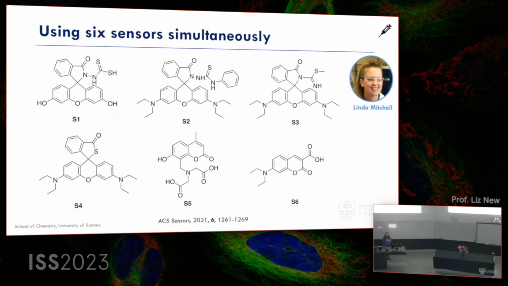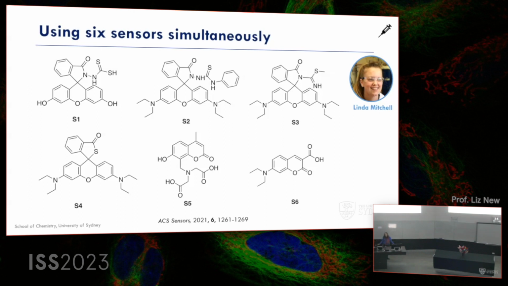And so that's what we wanted to do. We wanted to measure many things at the same time by using lots of receptors. So instead of 400 smell receptors, we've now got 6 fluorescent sensors. This is work by Linda Mitchell, a PhD student who recently finished. She built these 6 different fluorescent sensors, and now she can measure lots of different things at the same time.